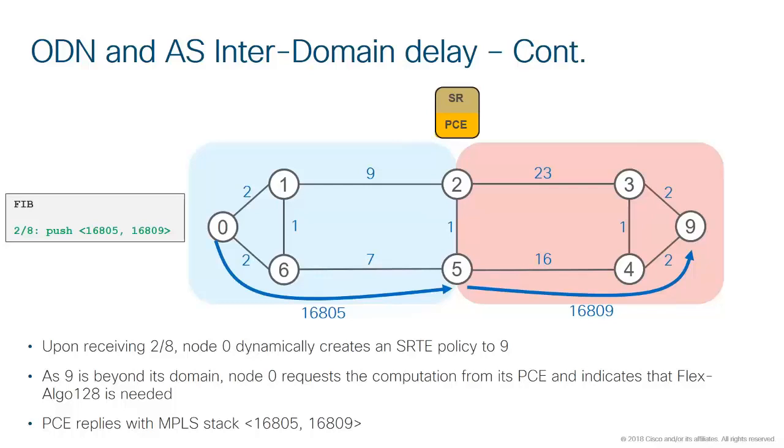That will be 16805 to exit at 5, followed by 16809. So it's two labels, two prefixes of the preferred algorithm, but also with an interdomain exit point 5 that is well chosen, because 5 is on the overall low latency path from 0 to 9. So this is not yet part of the demo code. It would be a next step.